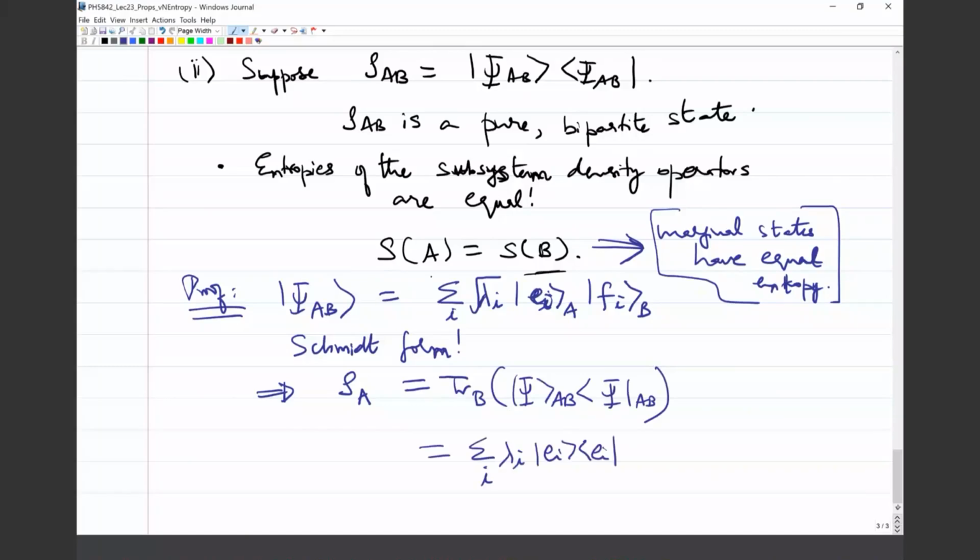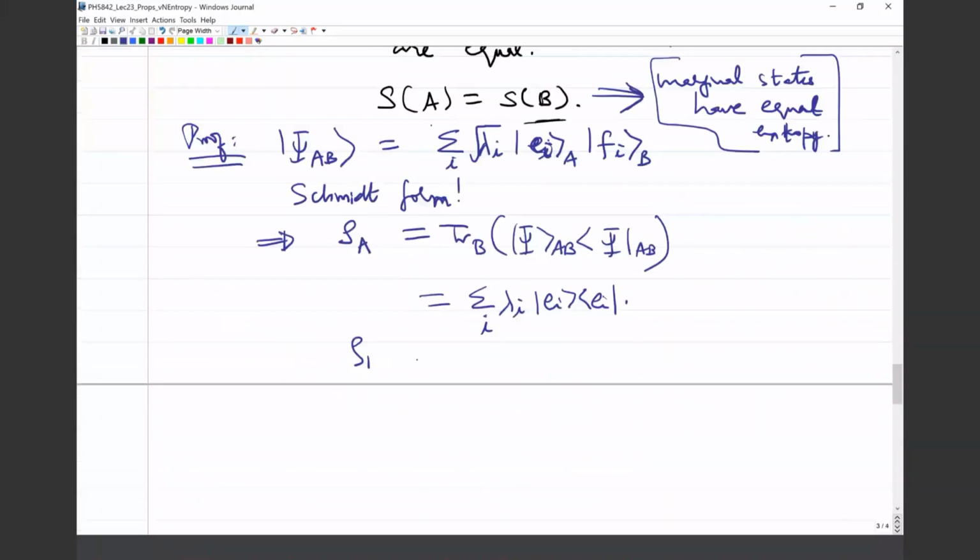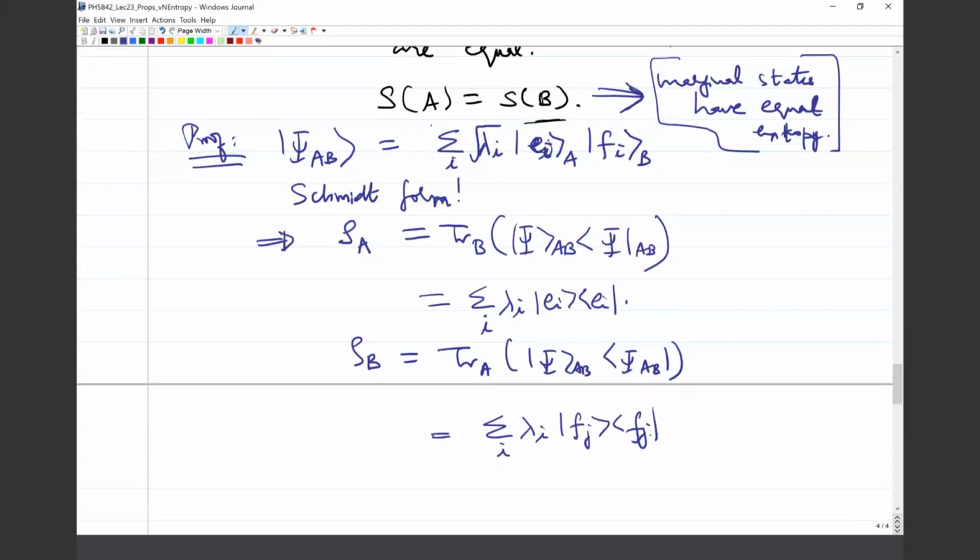But what you'd have shown is that the two reduced states, this is now trace over A of psi AB, these two reduced states simply have the same eigenvalues. The eigenvectors may be different because they are on different spaces, right? This is on H_A and this is on H_B.